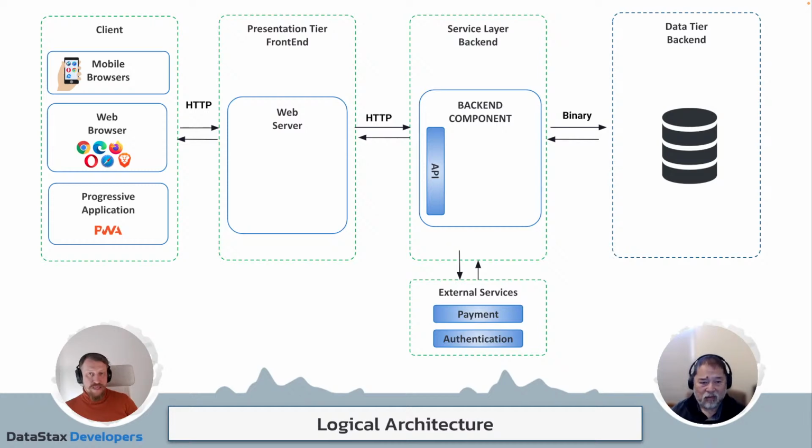Going from the left to the right, we will be speaking about the following elements: clients, presentation tier or front end, service layer or backend, and data tier. For us, clients are going to be mostly browsers and progressive applications. It doesn't matter so much if it's mobile browsers or web browsers.